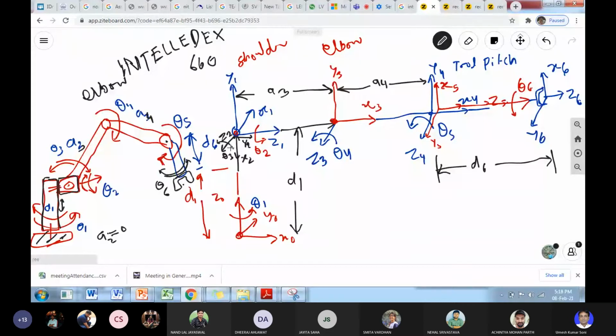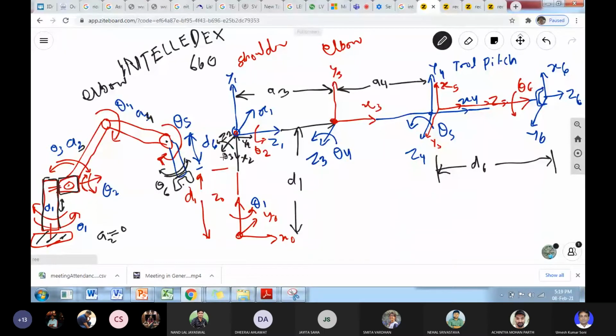Okay, so you can see the x2, y2, z2 axes relative to the x1, y1, z1 axes here, because there are two axes. In x1, y1, z1, the rotation is done along the x1, and in the other axis, this link A3 is rotating along z2.